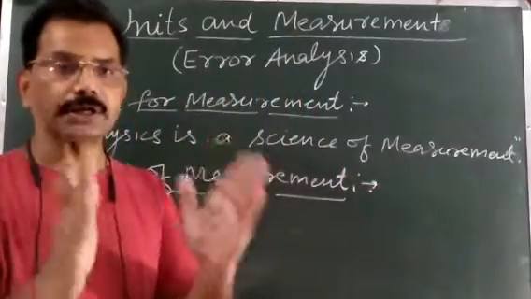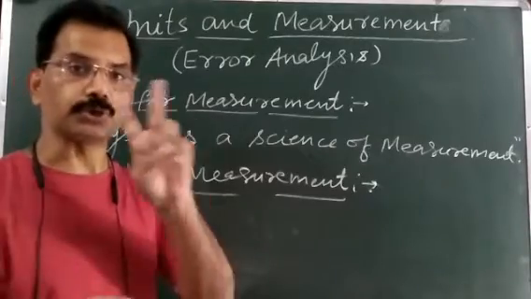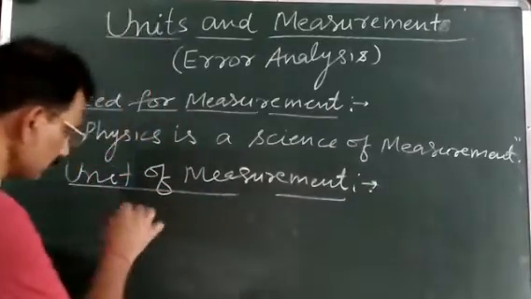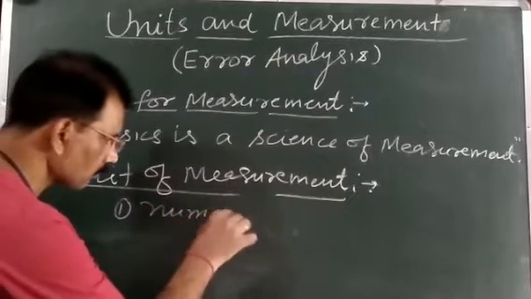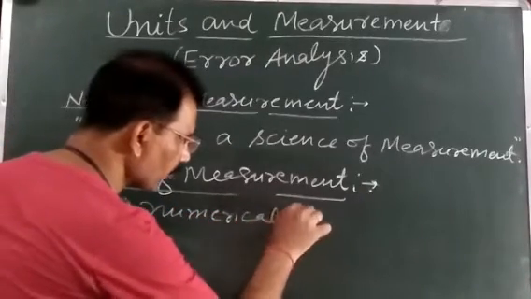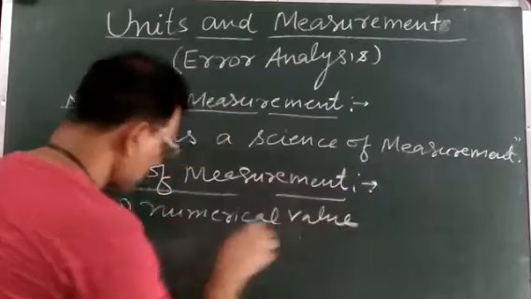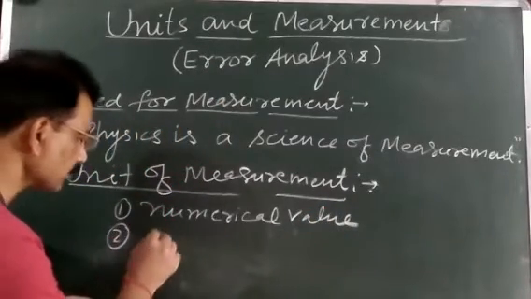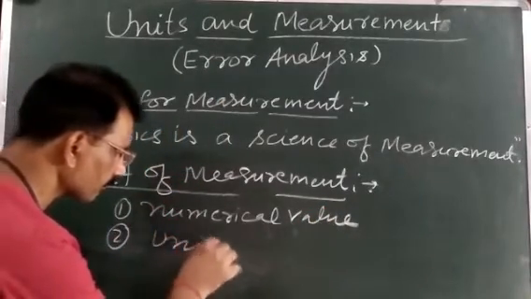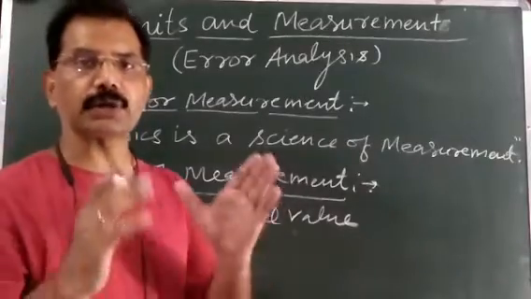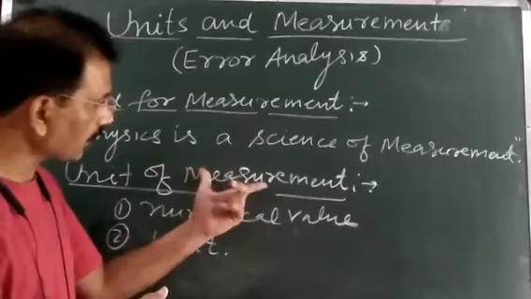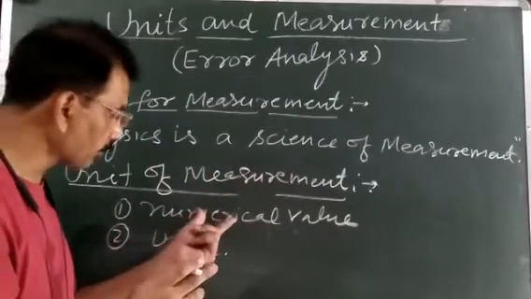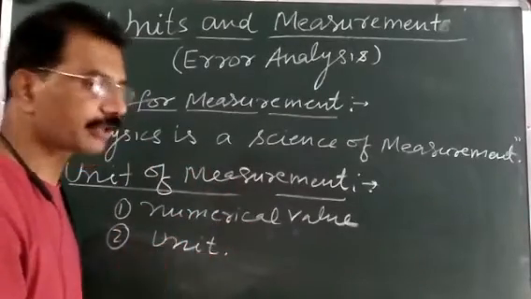And also the unit of measurement. A physical quantity always involves two things. First one, numerical value. And second one, unit. It means if you want to write a physical quantity, then that physical quantity will always consist of two things: its numerical value and unit.